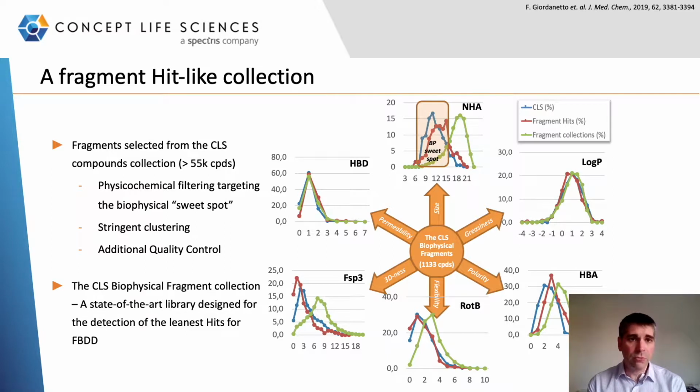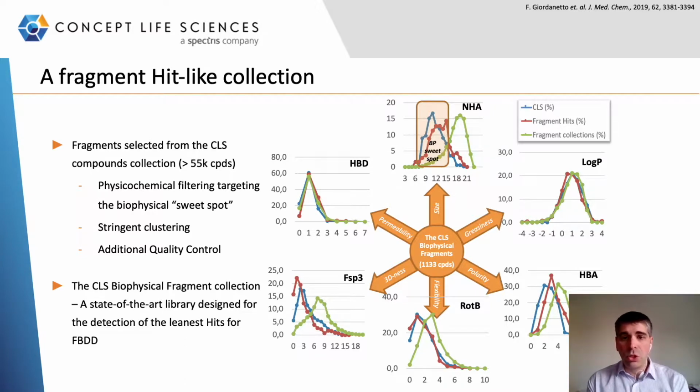We carried out physicochemical filtration, targeting these biophysical sweet spots in terms of size and lipophilicity. We also carried out very stringent clustering and quality control to ensure that we had a maximal sampling of the chemical universe and the very highest quality fragments.